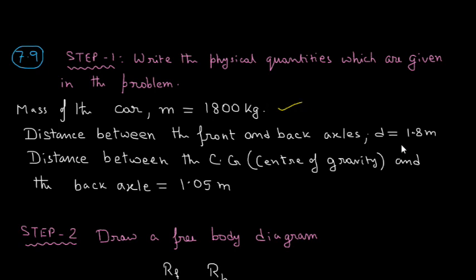Distance between the front and back axle d is equal to 1.8 meter. Distance between the CG, center of gravity, and the back axle is 1.05 meter.